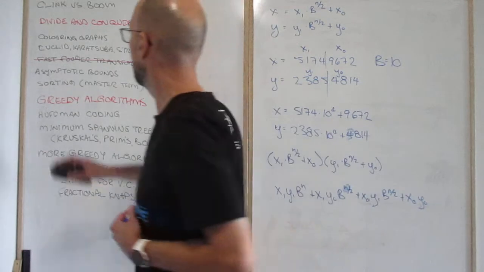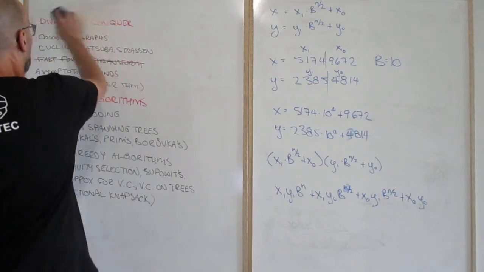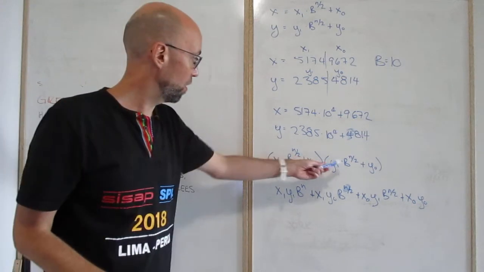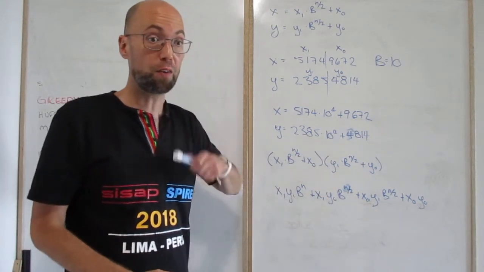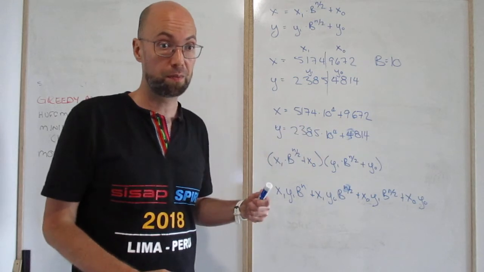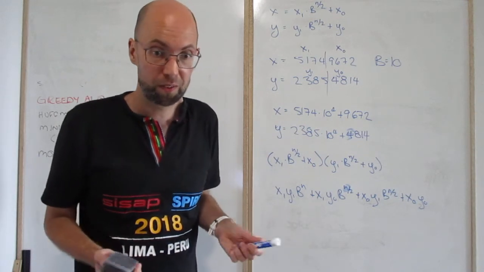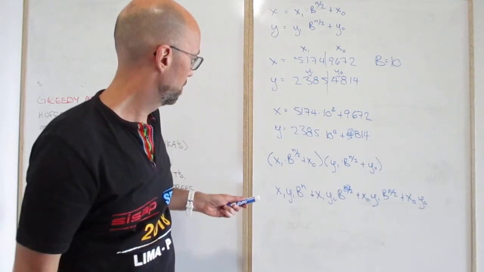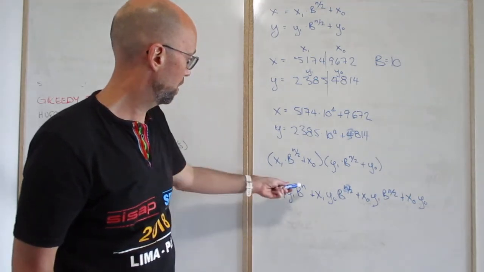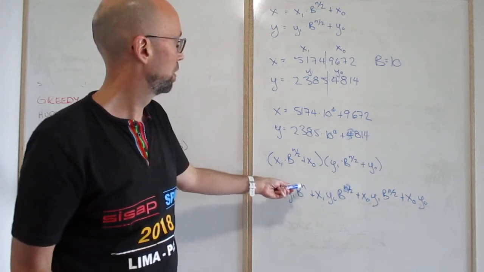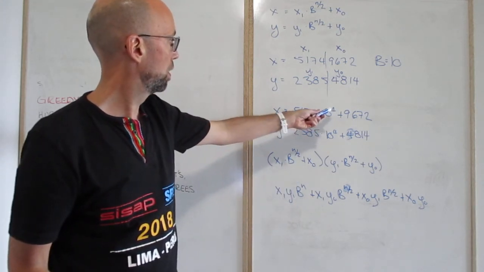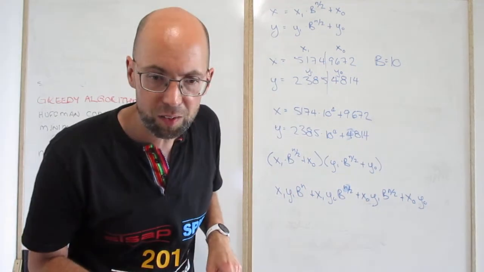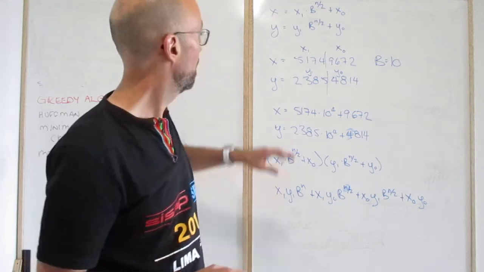But we don't do that because that's 4 multiplications of n over 2 digit numbers, and that doesn't help us. Why is it b to the 4 and not 8?